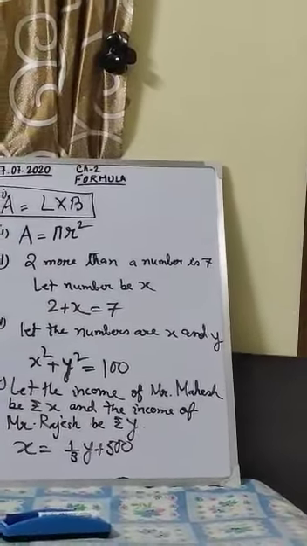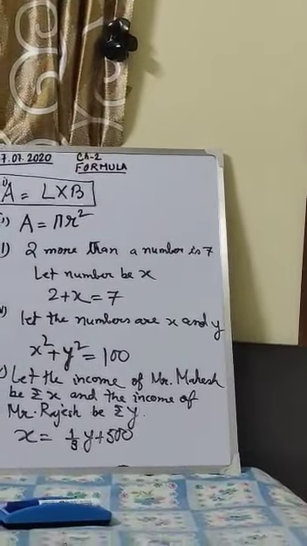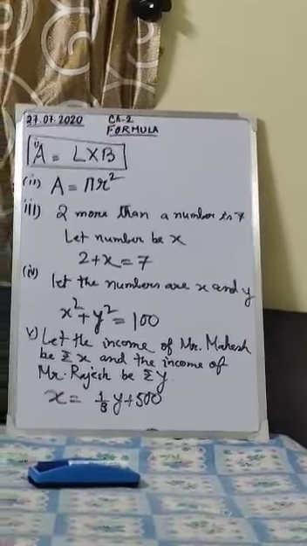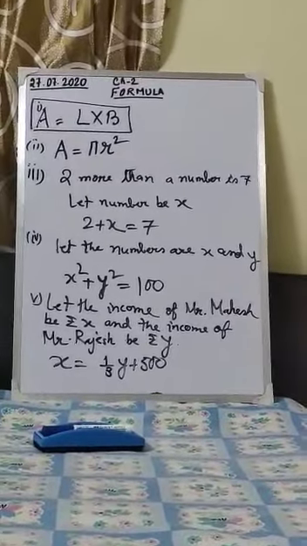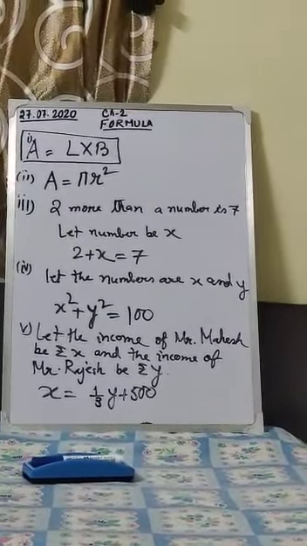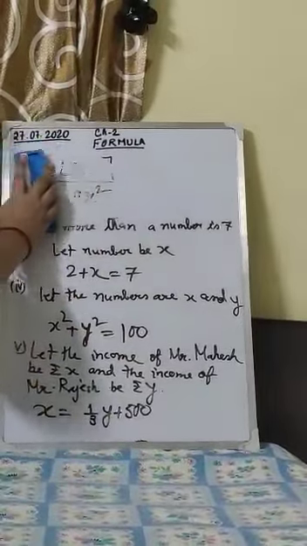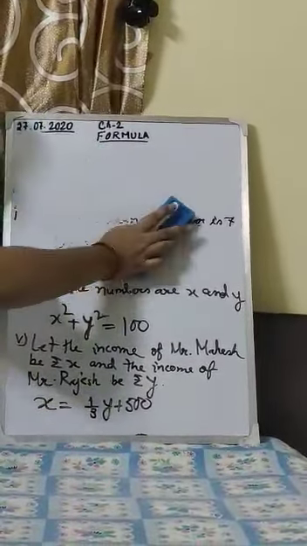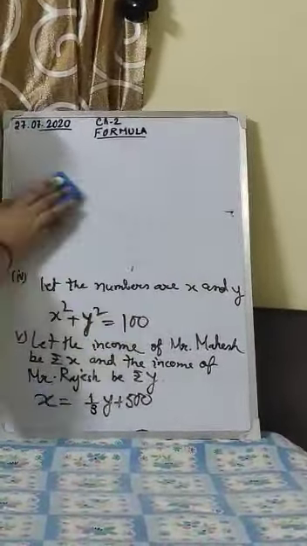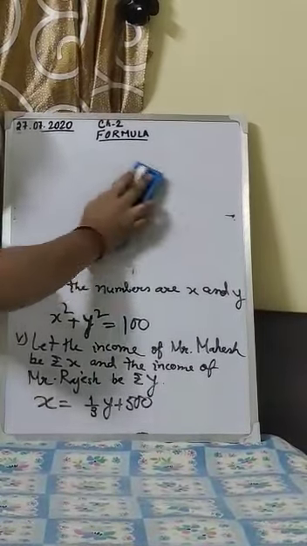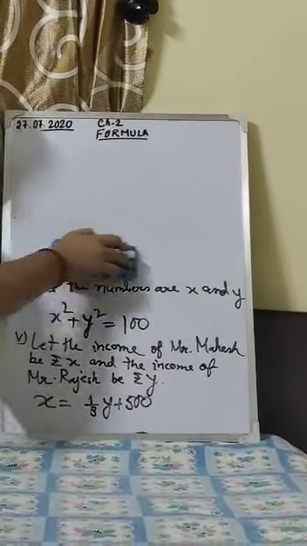Okay. Now, next statement is given that after 6 years, the age of father will be 3 times the age of his son. It's a very important type of statement. See, the relationship between the age of a father and son.